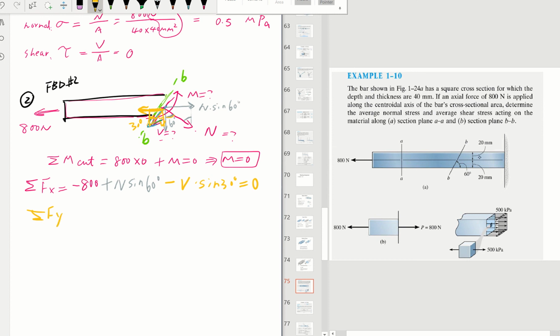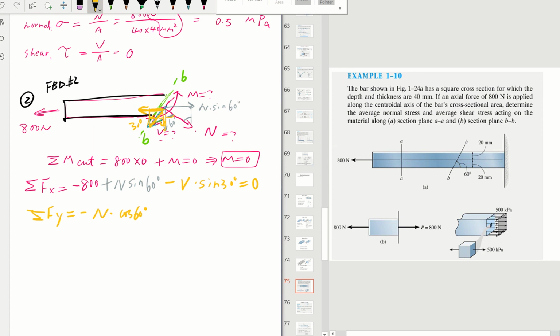Forces at y. What do we have? This N has a y component, so that would be N times cosine 60, because it's adjacent and it's going downward, so it's negative.